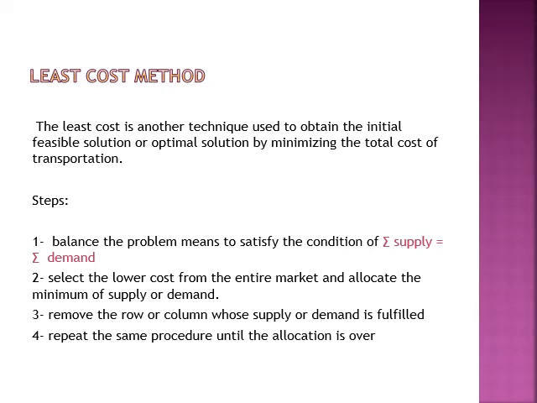The allocation is over means each market center has been satisfied, then its total demand equals 0, and respectively each stock equals 0.